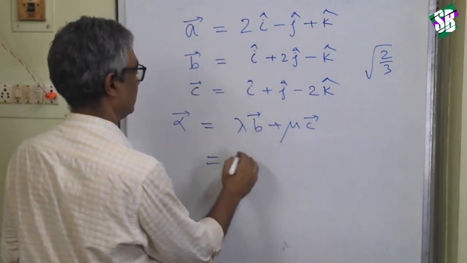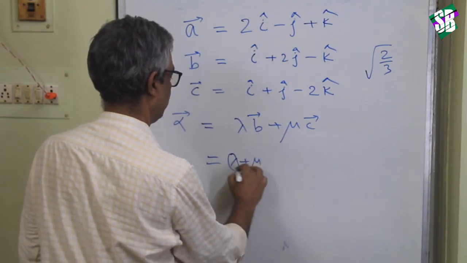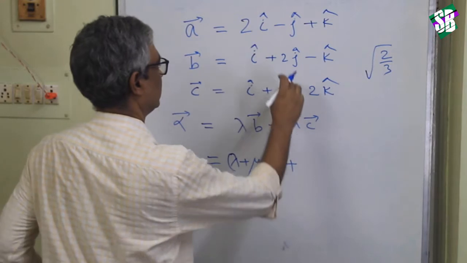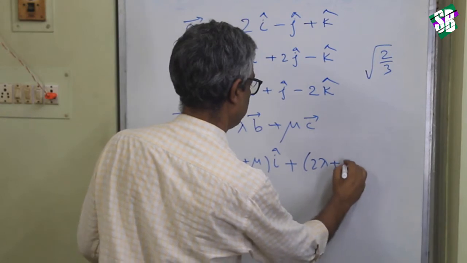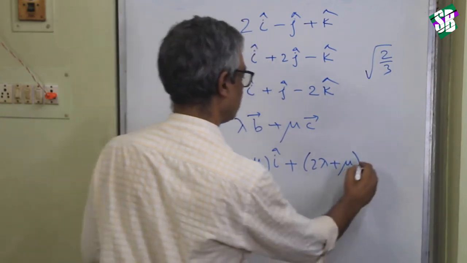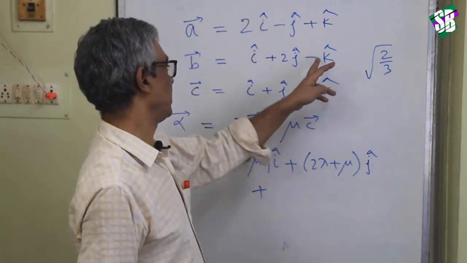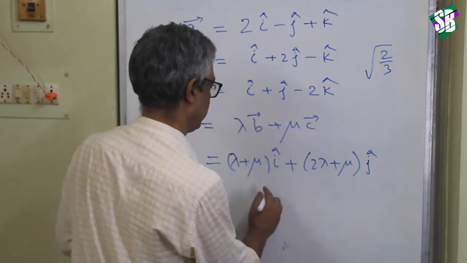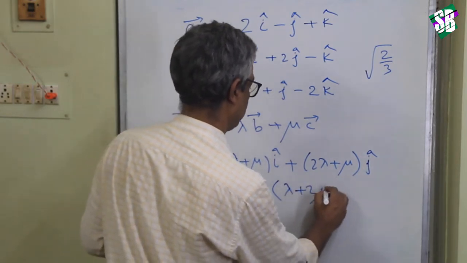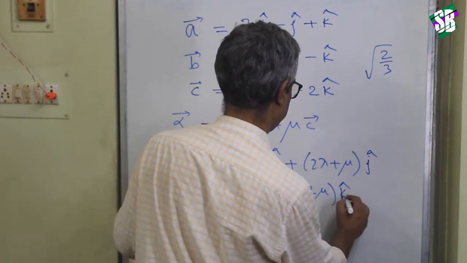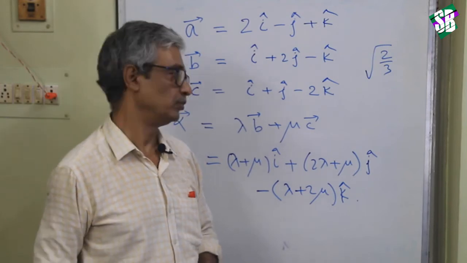This can be written as lambda plus mu i cap, plus 2 lambda plus mu j cap, plus, bringing the minus out, lambda plus 2 mu k cap with a minus sign. Now our task is to find lambda and mu.